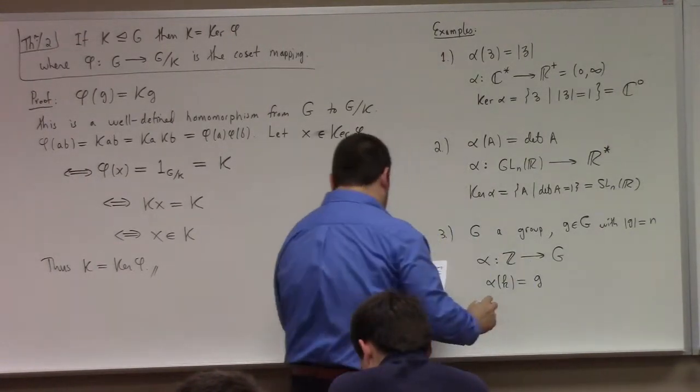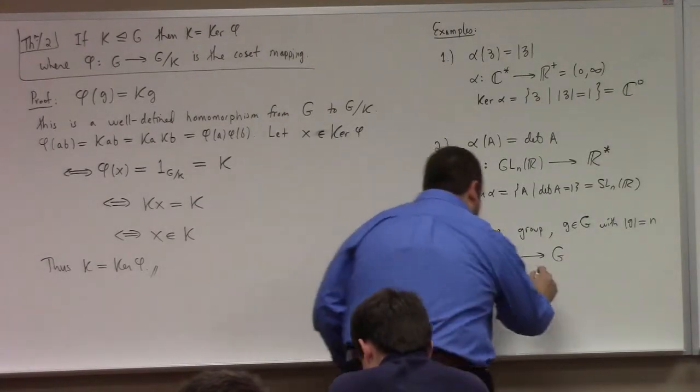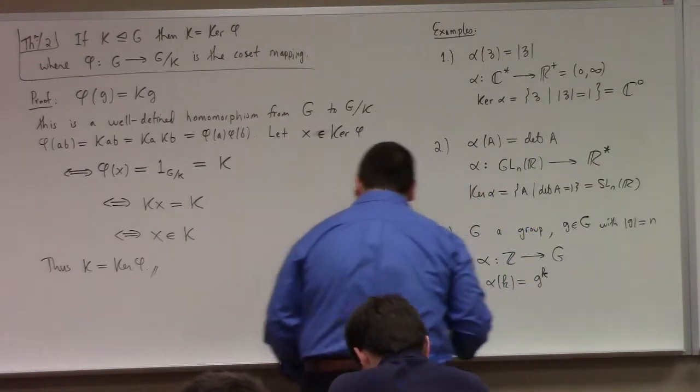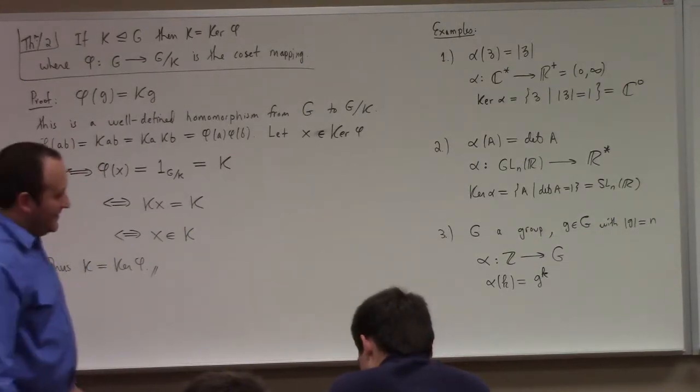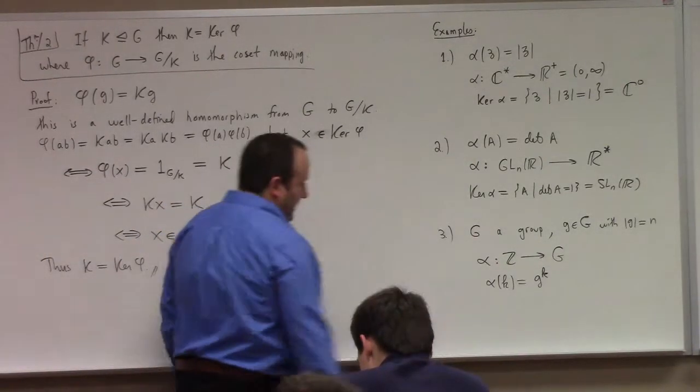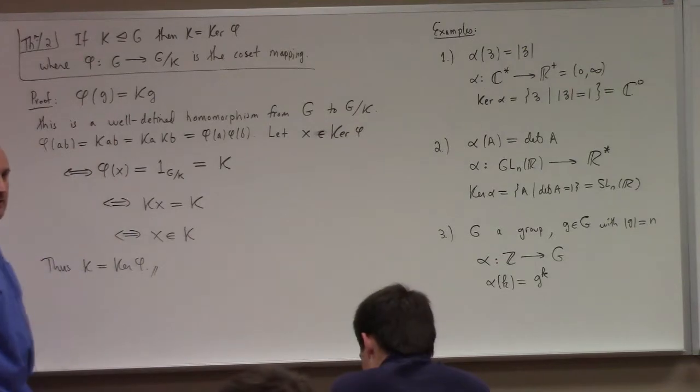So alpha of k is g to the k, that's how we assign the integer k.